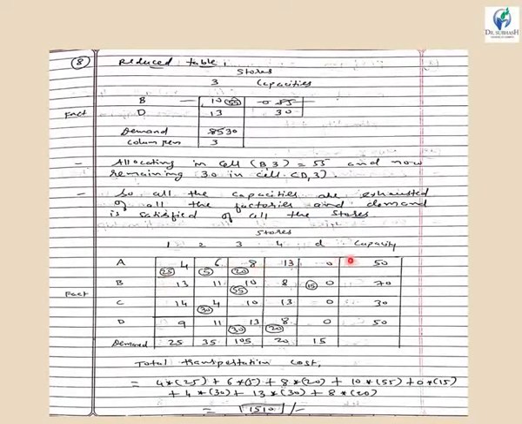Now I am drawing the main table again. All the values that we obtained during the various steps, all the allocations, are put in this main table wherever we had done the allocation, and now we are finding the total transportation cost. The cells in which we are doing the allocation are called occupied cells, and the cells in which there is no allocation are called unoccupied cells.